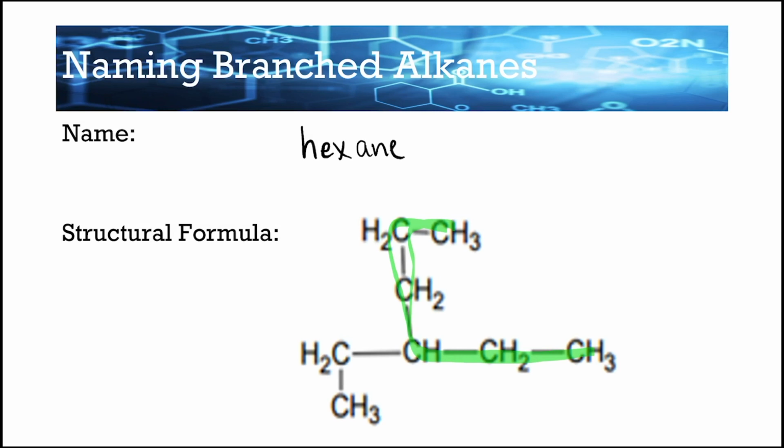Now in terms of what you're going to be seeing, all of the compounds with branches will be alkanes, so the chain will have all single bonds. The other compounds do exist, you just won't see them as of right now. So your parent chain will always have that ane ending for what you're seeing now.